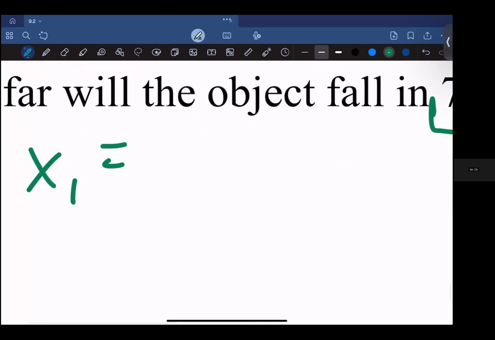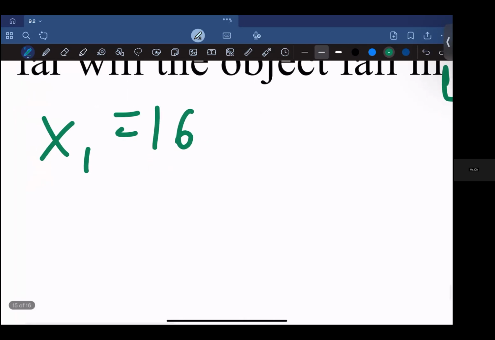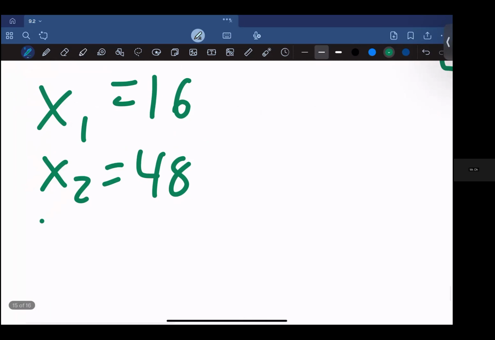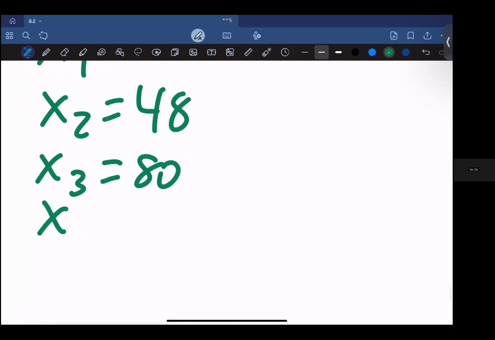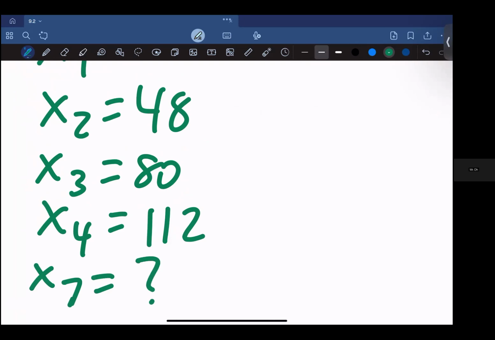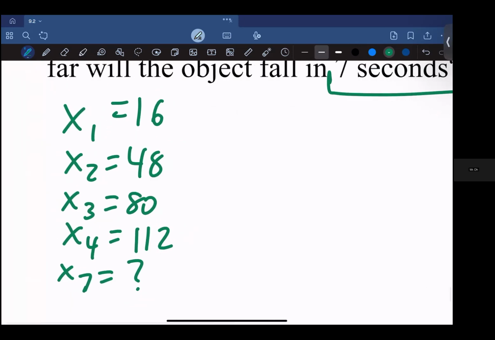So x of 1 is 16 feet. I'm just not going to do a label, but you all should put labels. X of 2 is 48. X of 3 is 80. X of 4 is 112. So this is all the information we're given, and we want to find X of 7.